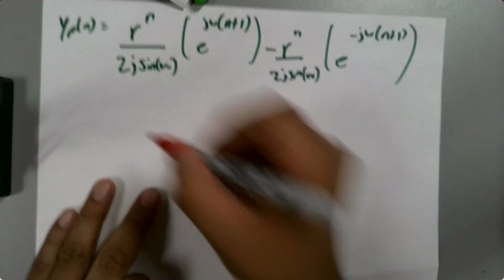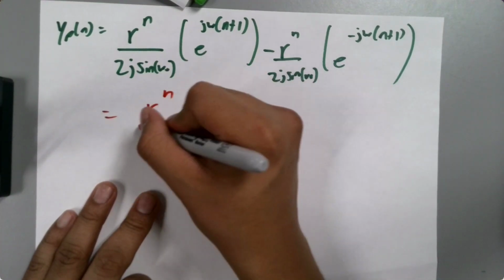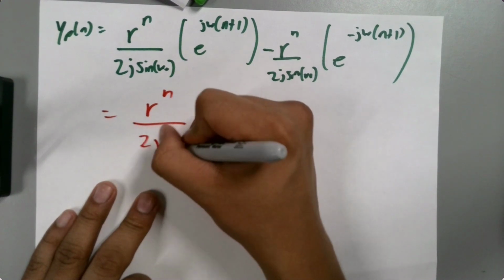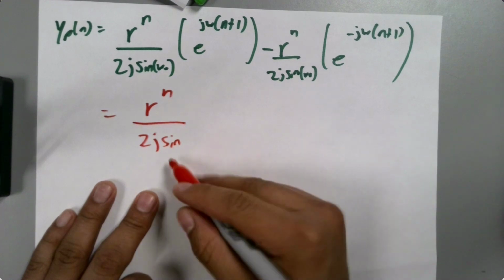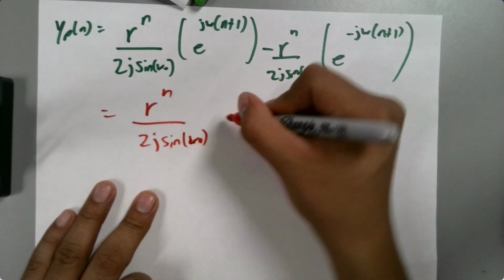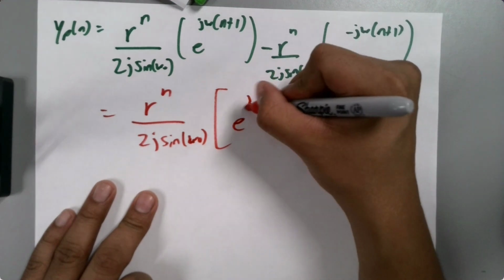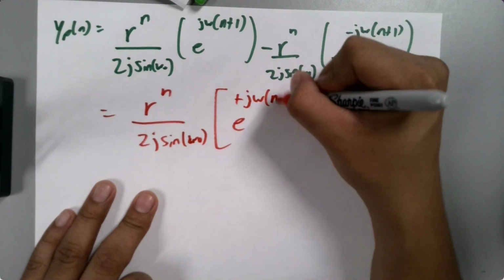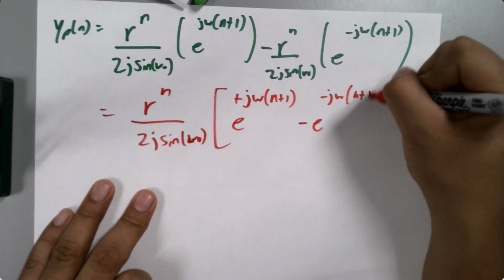And then you start seeing some patterns. Here's an r of n, here's a 2j sine omega naught, and then e to the positive j omega n plus 1 minus e to the minus j omega n plus 1.